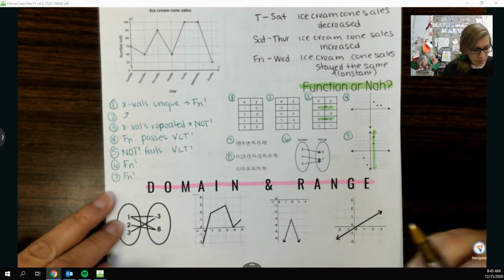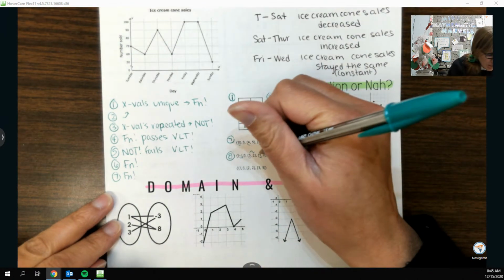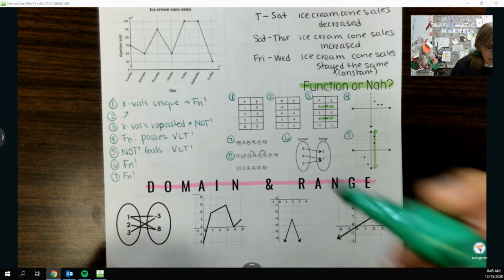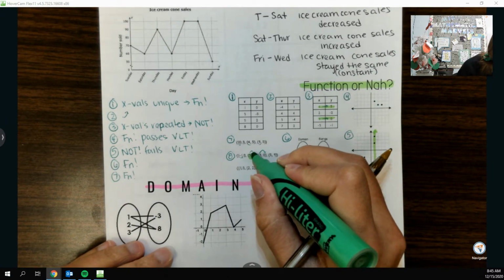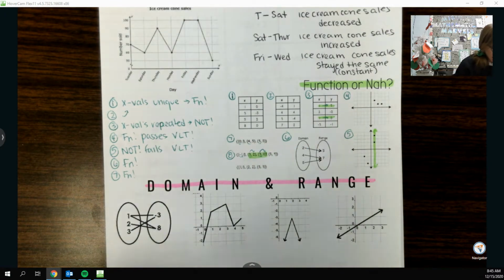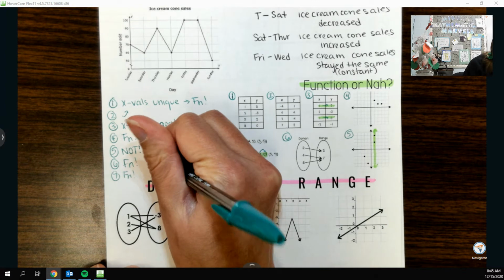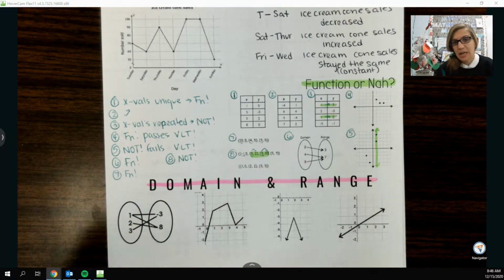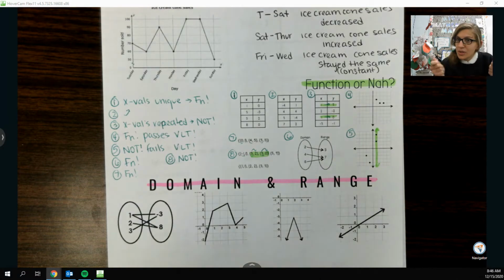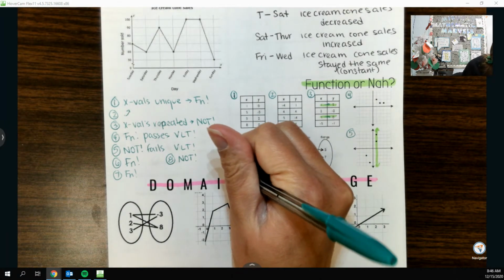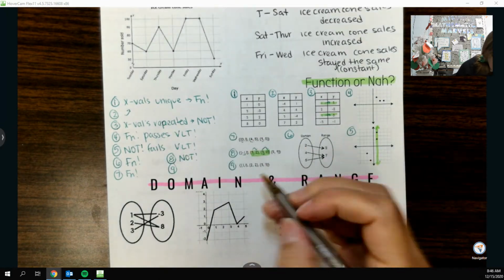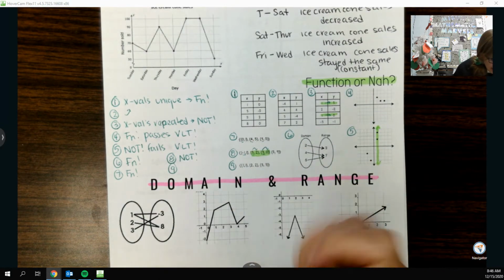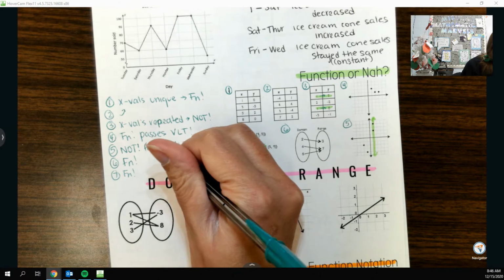So an x value repeated, and this one's paired up with a 2, and that one's paired up with a 0. So right now I know not a function. And it's not a function because, again, 3 is paired up with 2 different numbers, and that's not okay. And then this last one here, we got 1, 2, 3. All those are different, so that is a function.